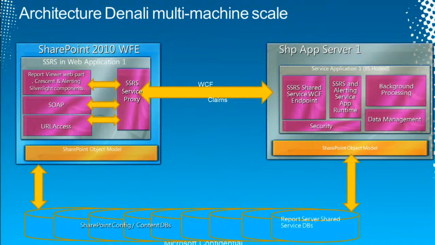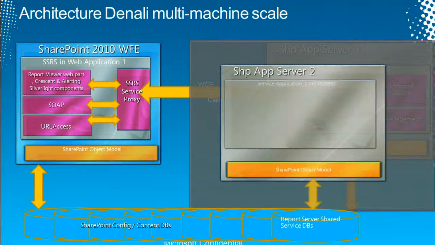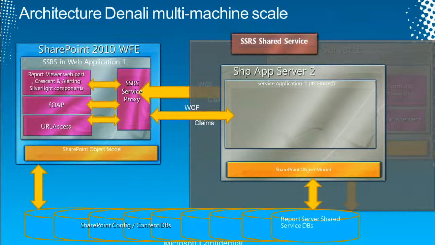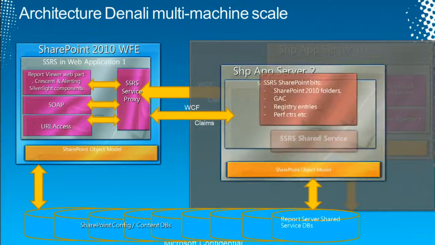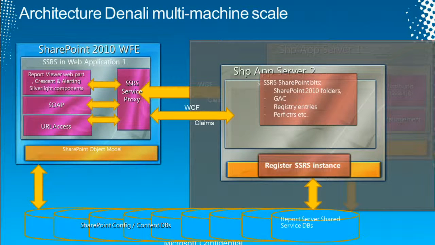Scale out. So in the case of multi-machine scale out, SharePoint allows you to add another machine to the farm. You basically point it to the config DB and it joins the farm. At this point, you don't have Reporting Services on the machine, so there is no service application running. So you will have to install the report server shared service, and it'll register the instance, but that's about it.